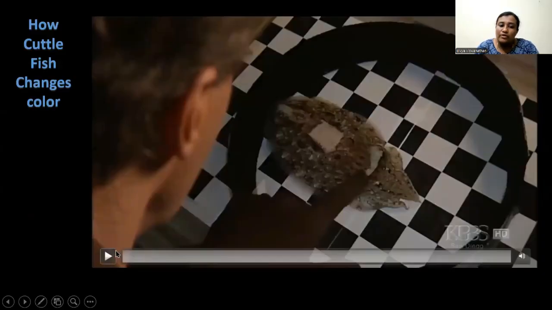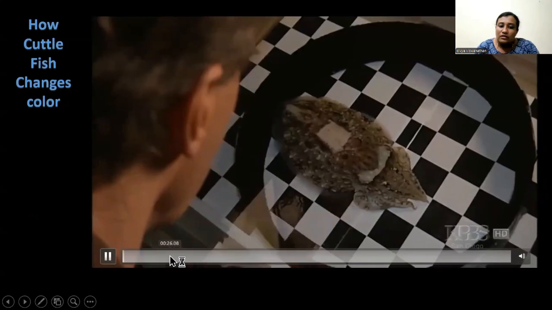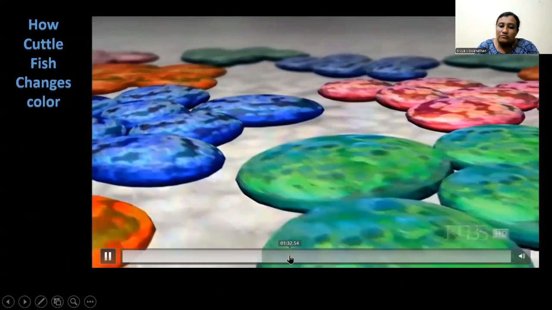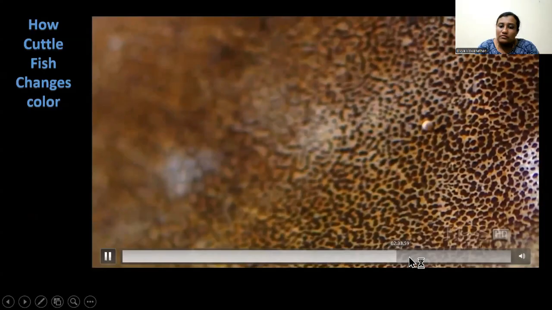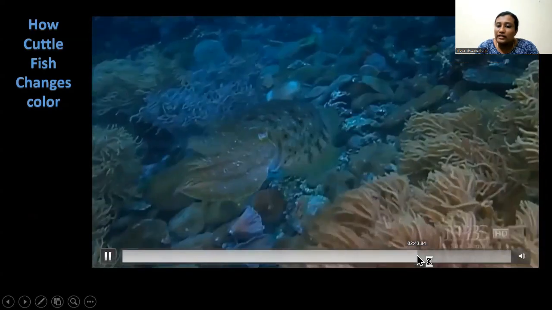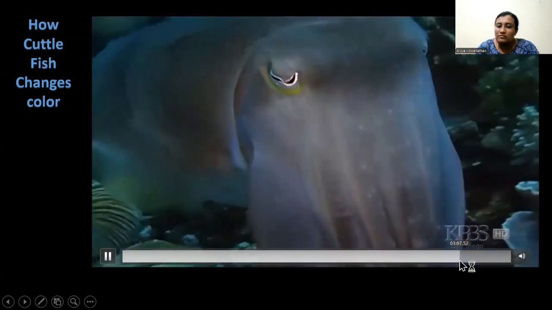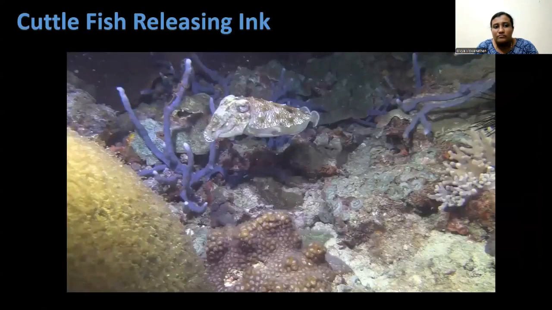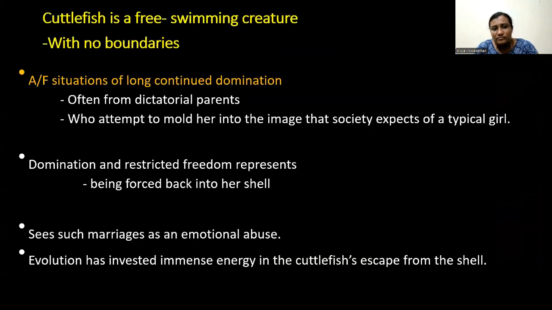Just see this, they keep the Sepia on a chessboard, how slowly it changes to the chessboard color, black and white, and completely it will become the same color. So they change the color, release ink.